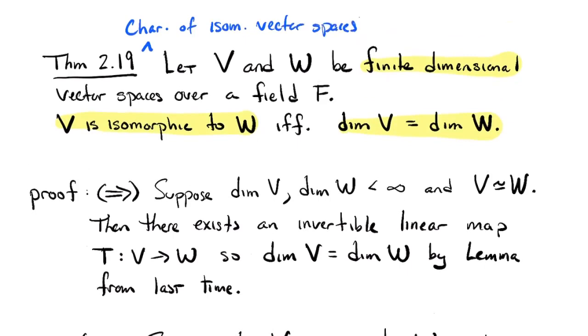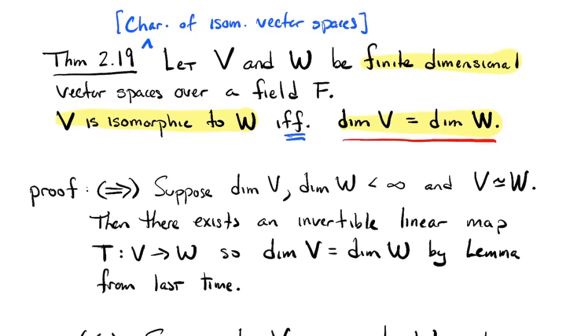Why am I calling it a characterization? Because it's an if and only if theorem that says when two vector spaces are isomorphic. And it's kind of amazing that the only thing you need to be true for the vector spaces to be isomorphic is for their dimensions to be the same. Any two vector spaces of the same dimension are isomorphic. There's an invertible linear transformation between them.